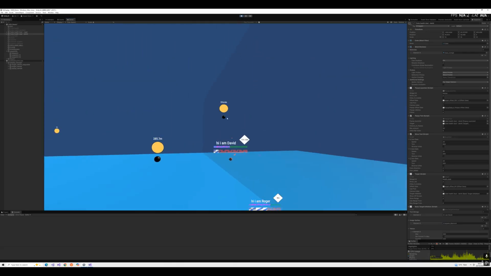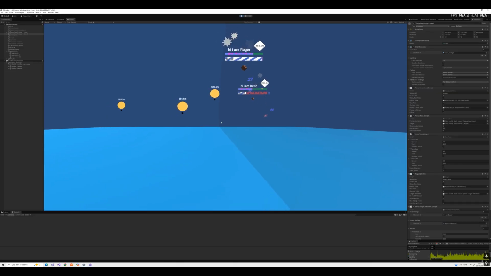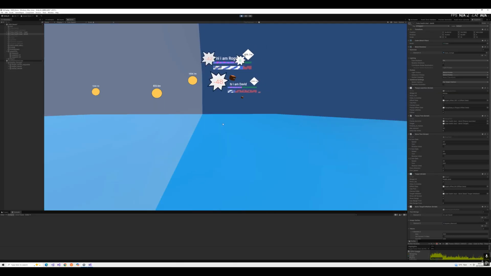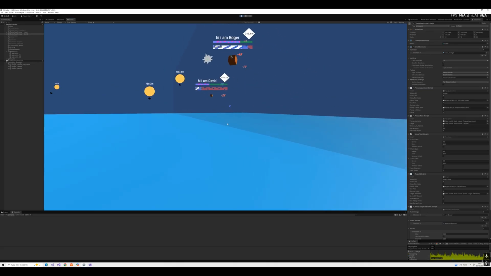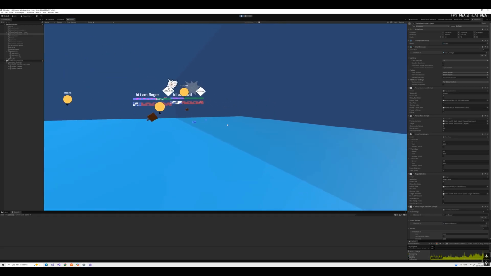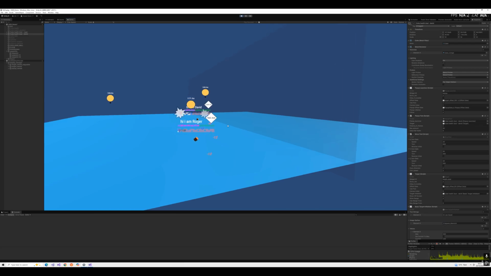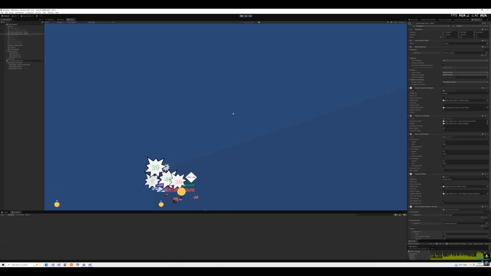But if we reverse the camera angle so that we're with Roger in front of David, Roger's should now be in front of David's, which it is. That's to do with the sorting order, the sorting algorithm running on that canvas only.